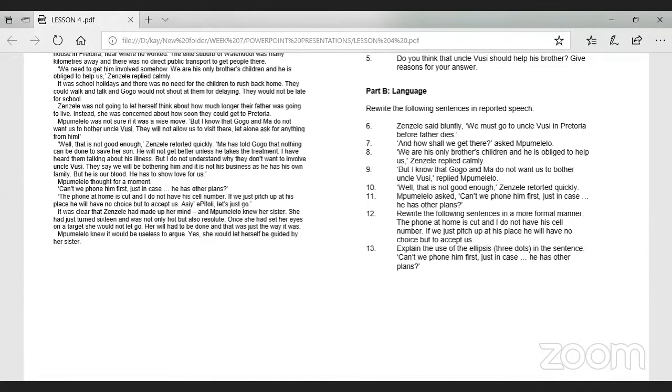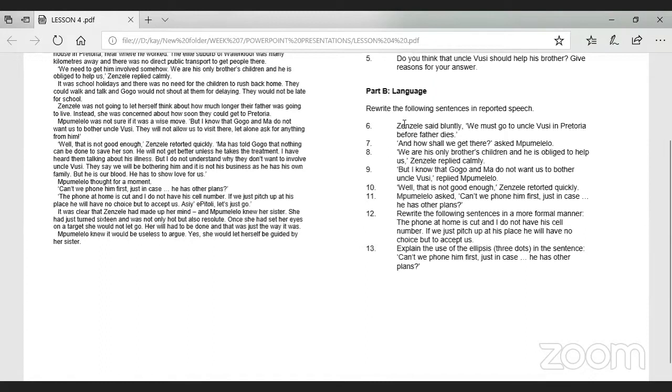So what you have to do is rewrite the following sentences, okay? You are going to have to answer from number 6 to number 13.